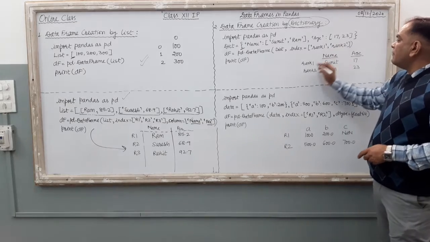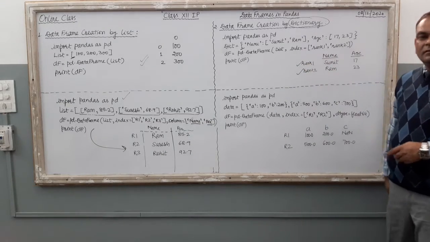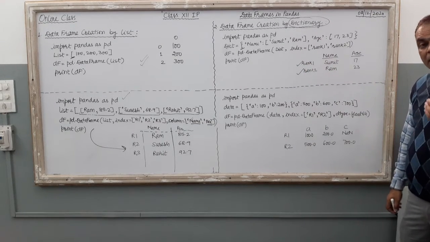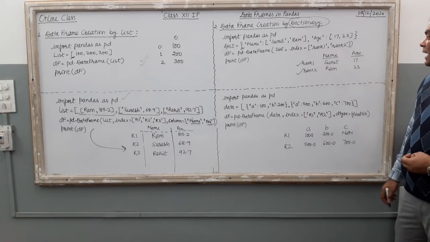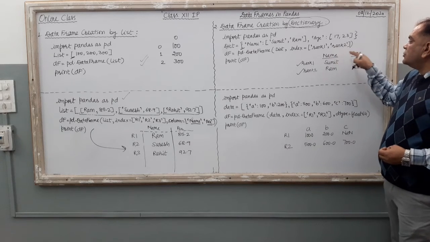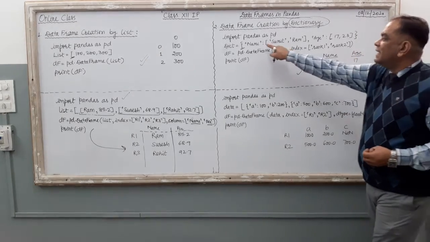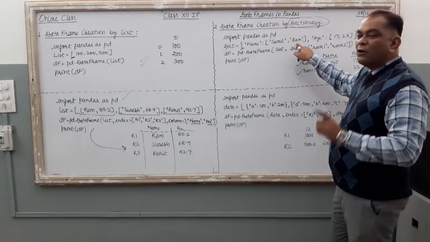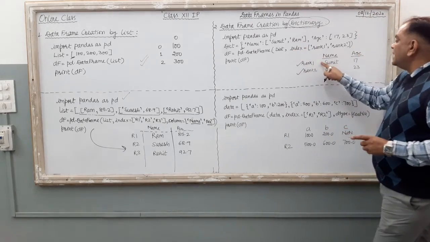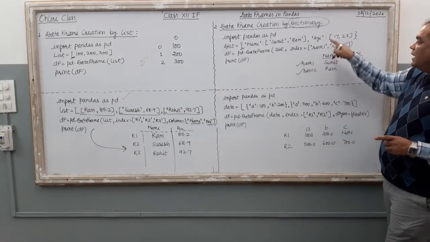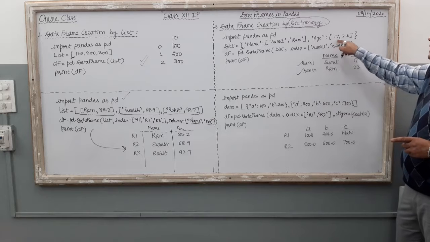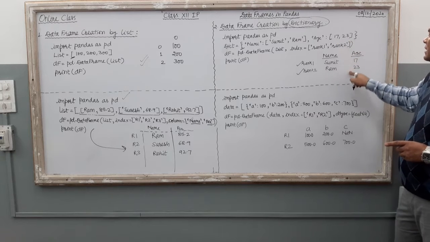So here rank 1, rank 2 are the index of the data frame. Index is also called the names of the rows. And then name and age, these two columns are there. Inside the name column, just see all the values of your name key: Sumit, Ram. In the age column, all the values 17, 23 are there.